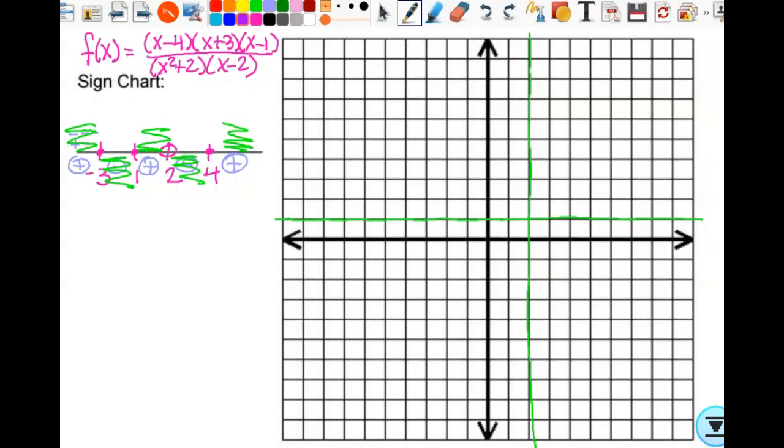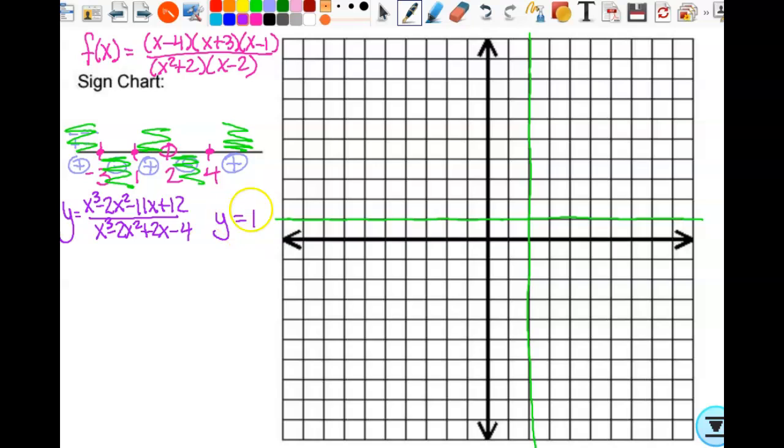All right, so down here, we've got y equals x cubed minus 2x squared minus 11x plus 12 over x cubed minus 2x squared plus 2x minus 4, and then the asymptote, y equals 1.